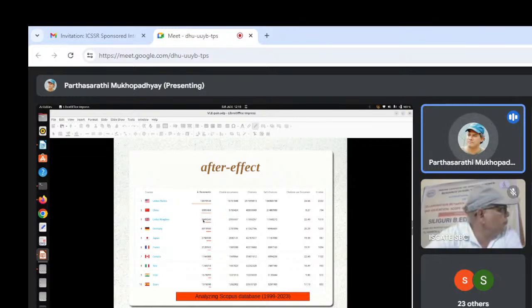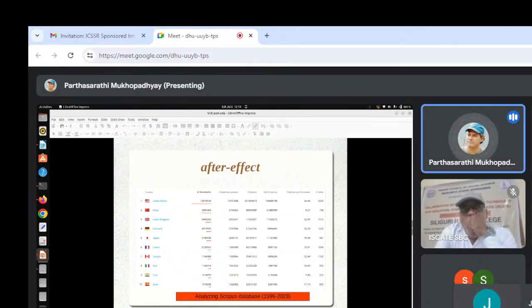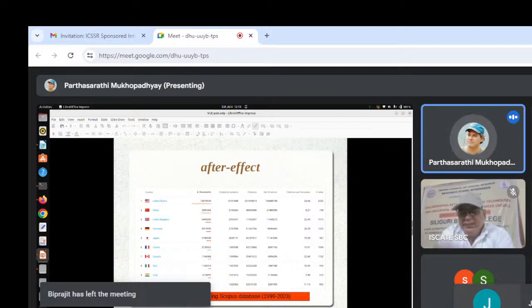So definitely there is a problem. We have one of the biggest educational chains. We have almost 5 crore students in higher education, but why is the contribution in research and other measuring factors not happening?